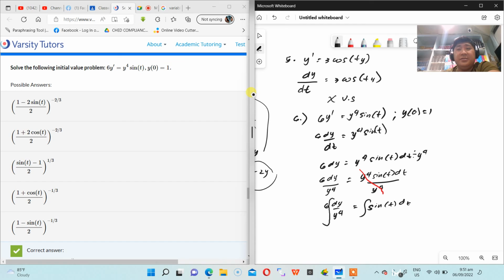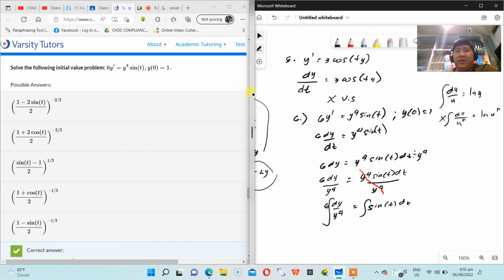From here, the rule in the ln is just du over u equals ln u. There's no statement that says du over u raised to the power of n equals ln u raised to the power of n. So there is no such identity.